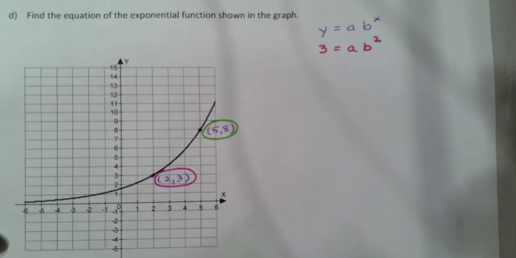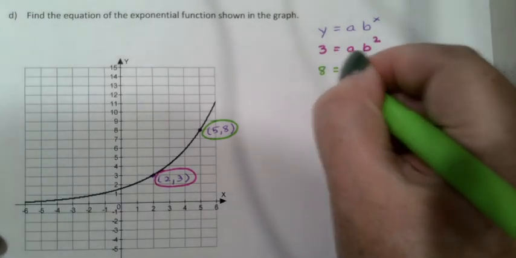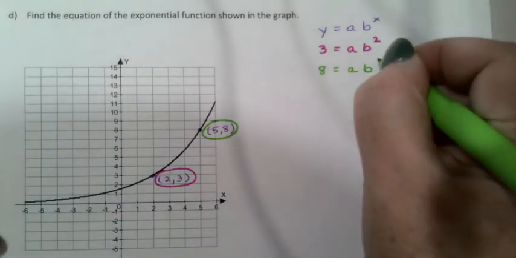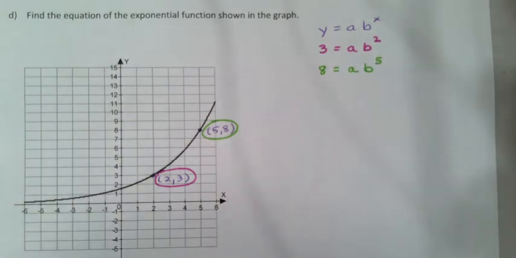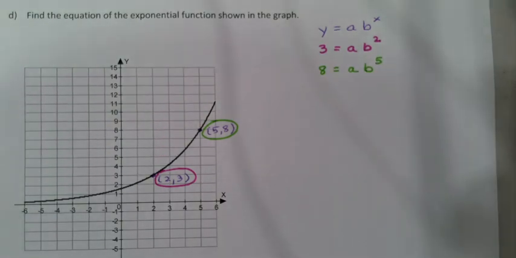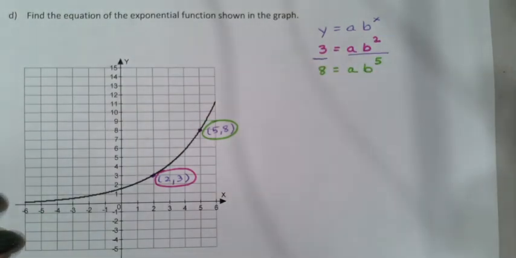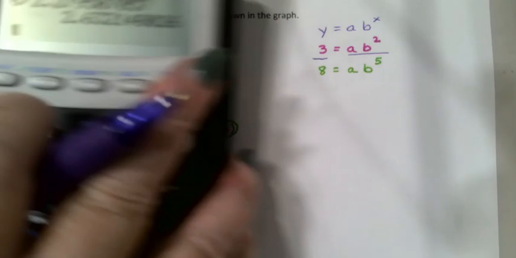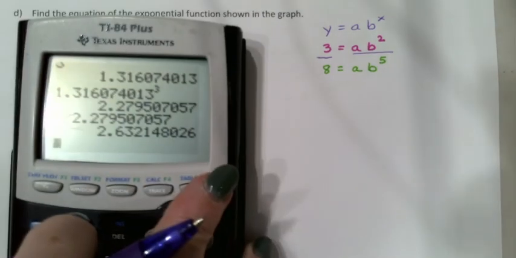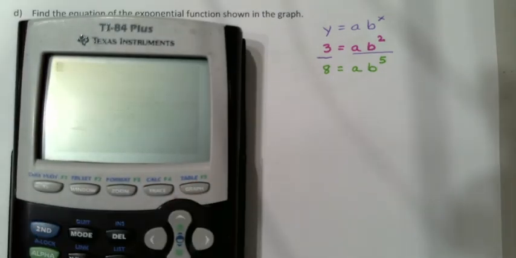And then I'm going to put in the 5, 8. Y is 8. X is 5. And then I need to divide my equations. Three-eighths actually comes out evenly as a decimal, so why not do it? 0.375.